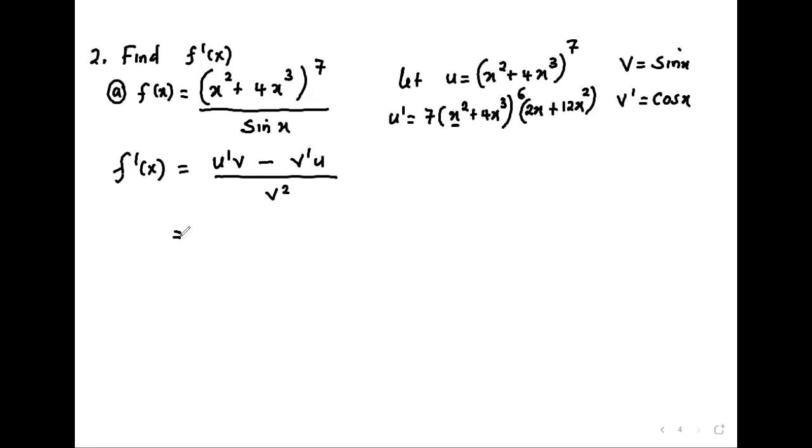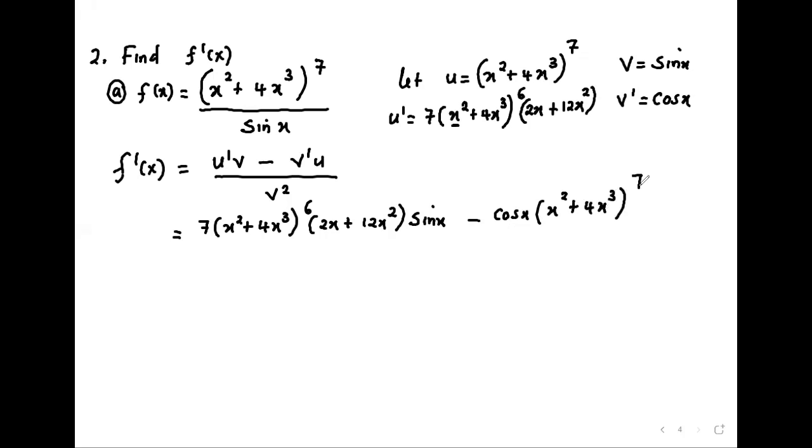That is u prime, here, 7 times x squared plus 4x plus 3 to the power 6, times 2x plus 4, multiplied by v. v is sin x, minus v prime is cos x, multiplied by u, which is x squared plus 4x plus 3 to the power 7.